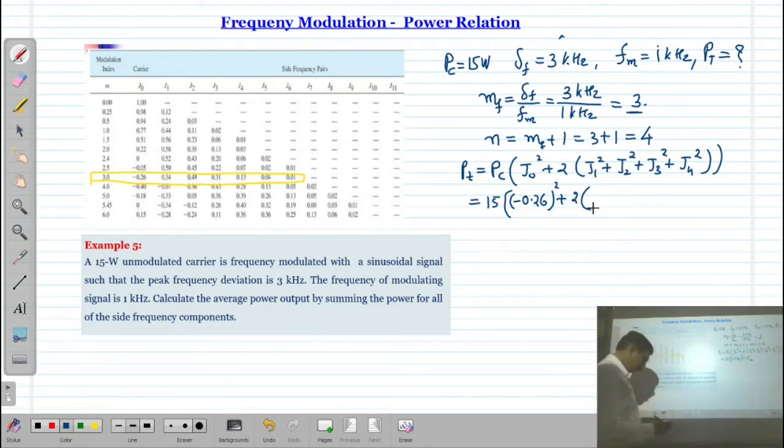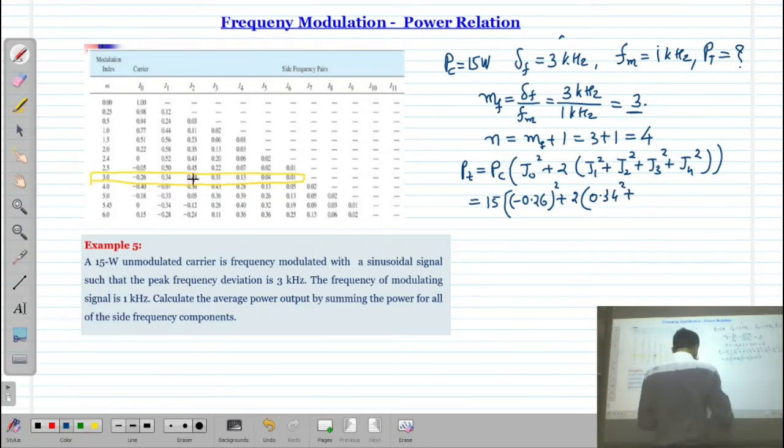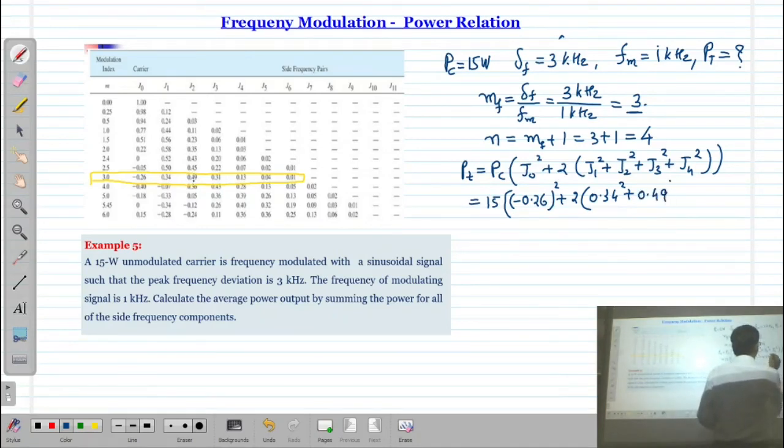The first order sideband amplitude is 0.34 square, plus the amplitude of the second order sideband, which is 0.49 square, plus the amplitude of the third order sideband, 0.31 square, and the amplitude of the fourth one is 0.13 square.